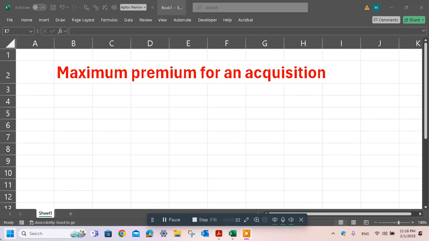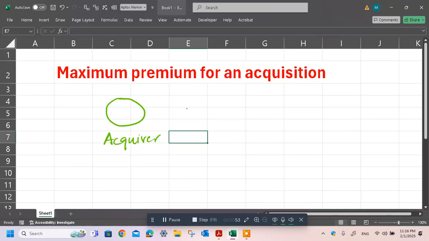Let me just give you a brief idea as to how we calculate the premium. First, understand we will have the acquirer, then we will have the target company, the target.